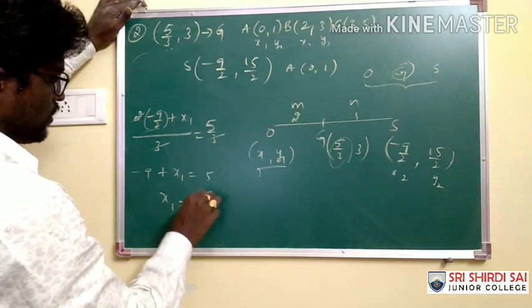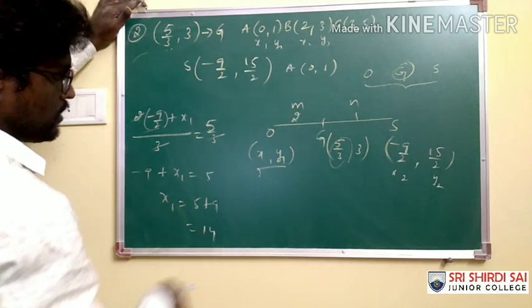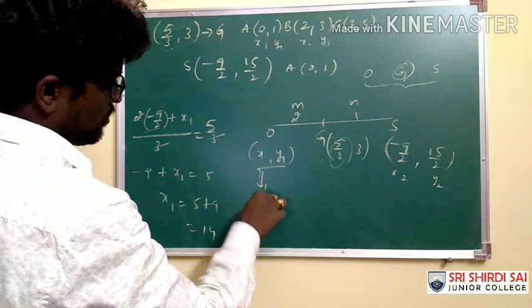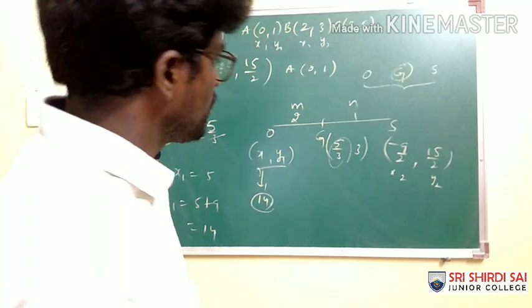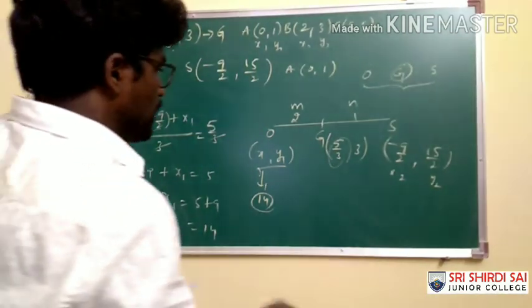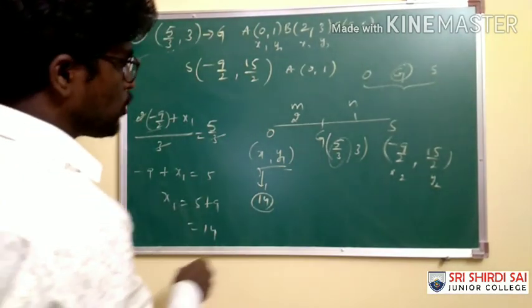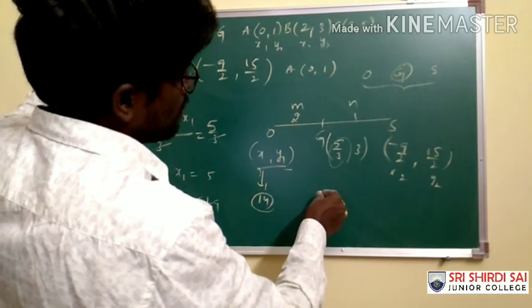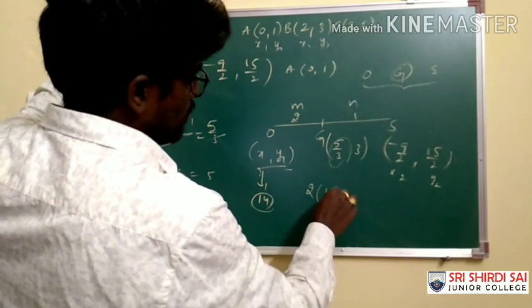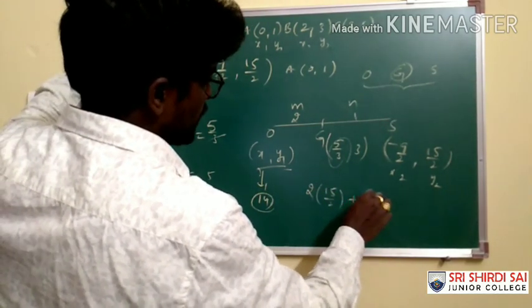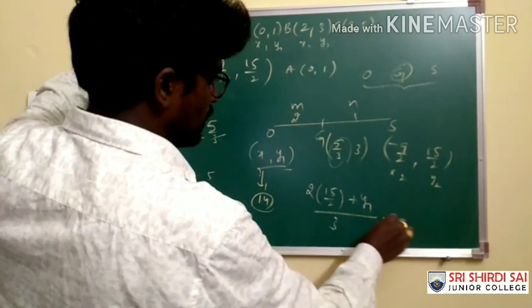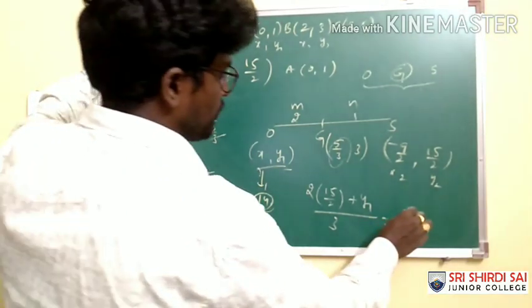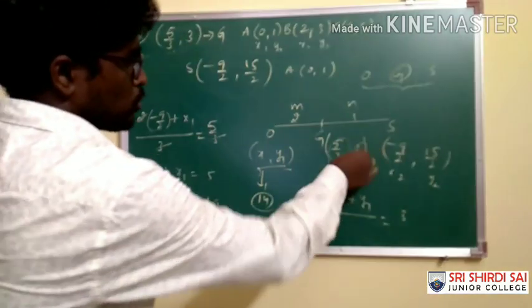So x1 is equal to 5 plus 9, which is equal to 14. So we have got x1 as 14. Now similarly, we'll go with the y coordinate. What is the y coordinate? m y2 means 2 into 15 by 2 plus n y1 means 1 into y1 itself, by m plus n, 3, is equal to 3, because it is the y coordinate.